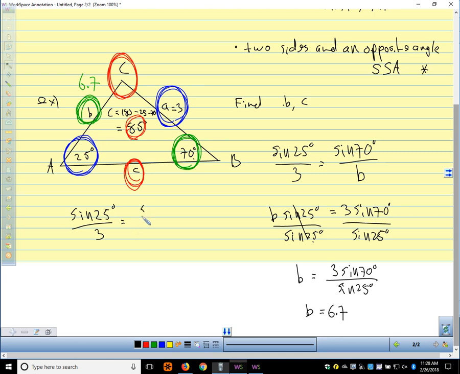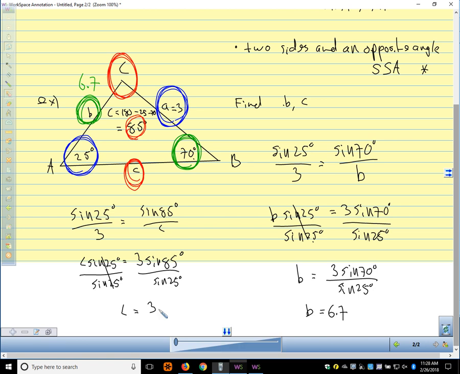So that's going to be sine of 85 over C. And we solve this the exact same way. Cross multiply. C sine 25 is 3 sine 85. I want C by itself, so I divide by sine of 25. Those go away, and I get C equals 3 sine 85 over the sine of 25.